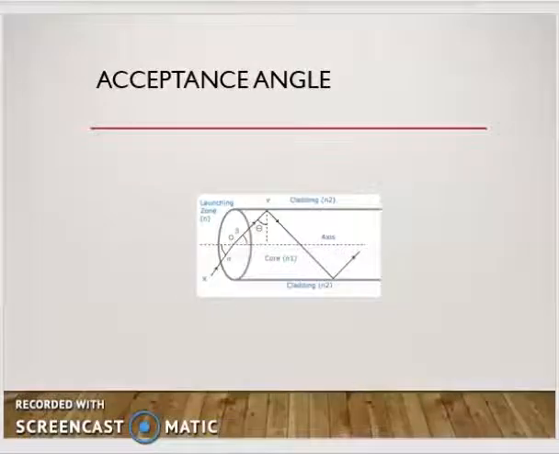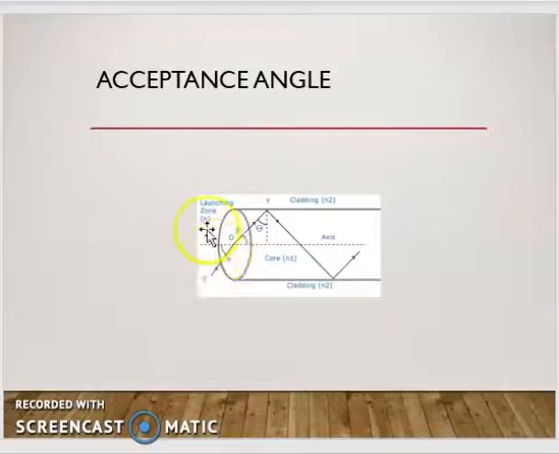The next concept is the acceptance angle or acceptance cone. The acceptance cone of optical fiber cable decides its light gathering power and depends on this acceptance angle. Larger the acceptance angle, larger is the light gathering power.